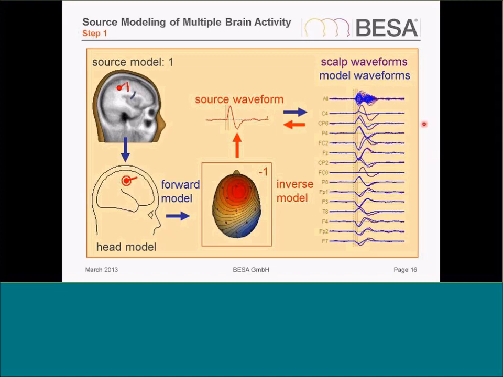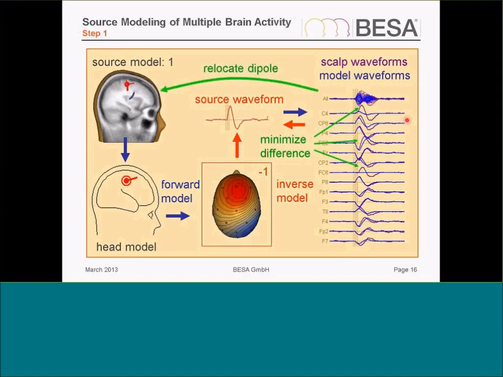So now I can make a prediction: if this was my correct source position, what would I have measured on my scalp? And then I can look at the difference between the model waveforms and the measured scalp waveforms, and I can relocate the dipole and go through this whole process again until I get the best match between my model waveforms and the scalp waveforms in this fitting interval.